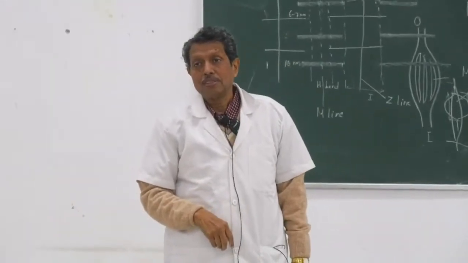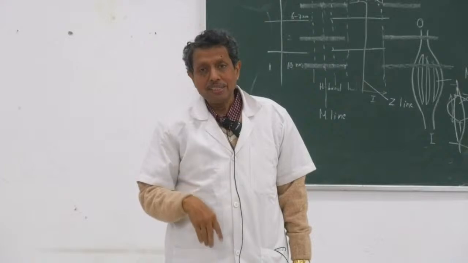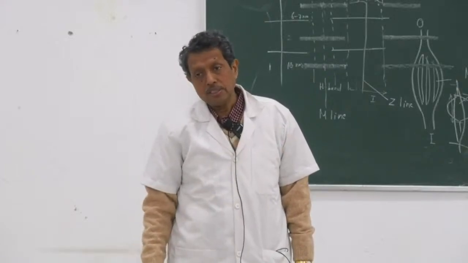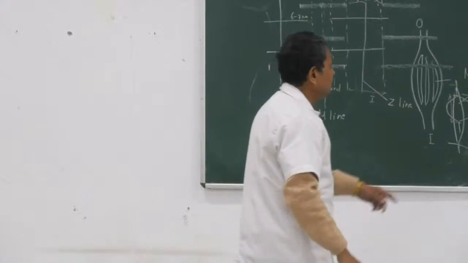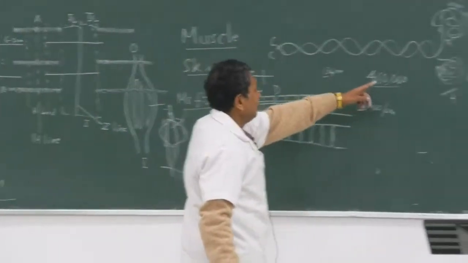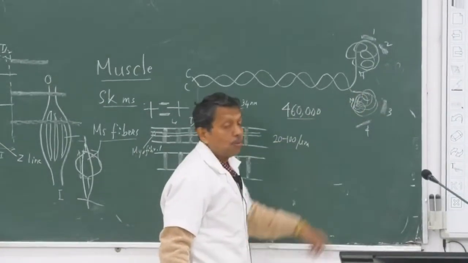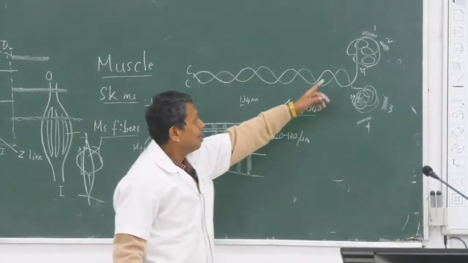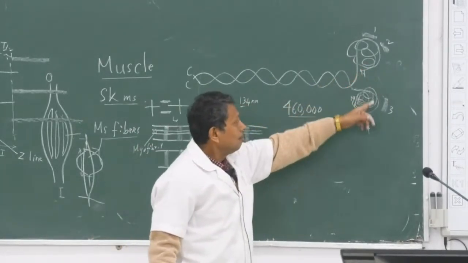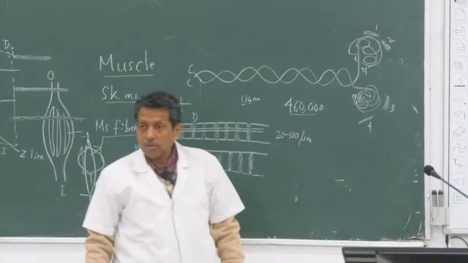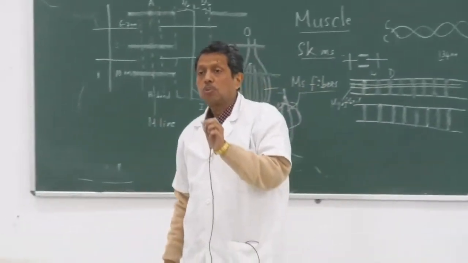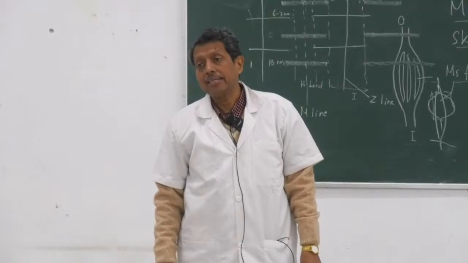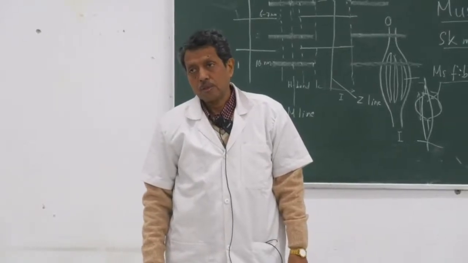Have you understood? There may be a mistake, whatever it may be. Now their structure is in this way. These are the heavy chains, and these are the light chains, 1, 2, 3, 4, a heterohexamer. And they are named in different ways. One is the phosphorylatable light chain, another is the alkali light chain in some texts.